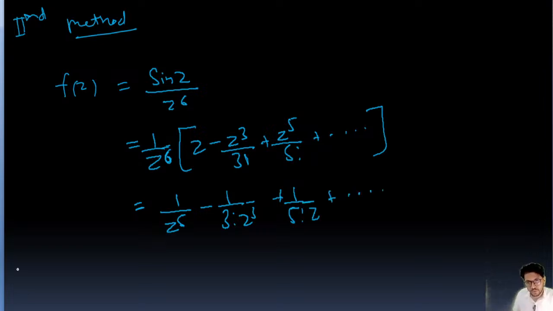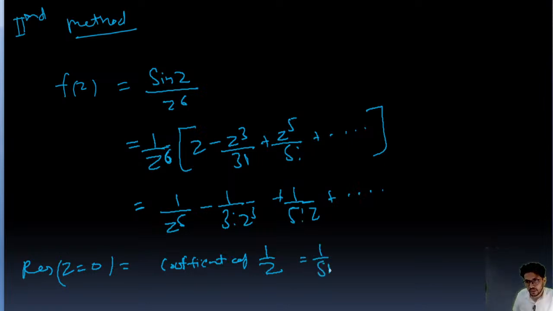And the residue at z equal to 0 is the coefficient of 1 upon z, that is 1 upon 5 factorial, which is 1 upon 120.